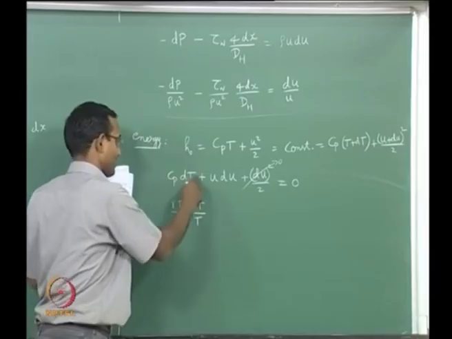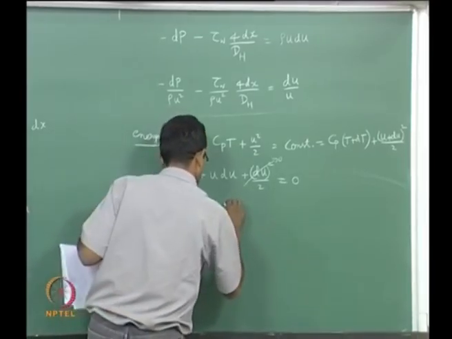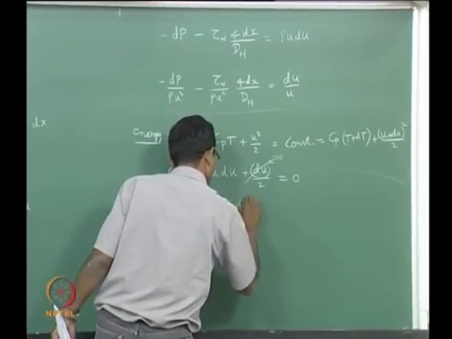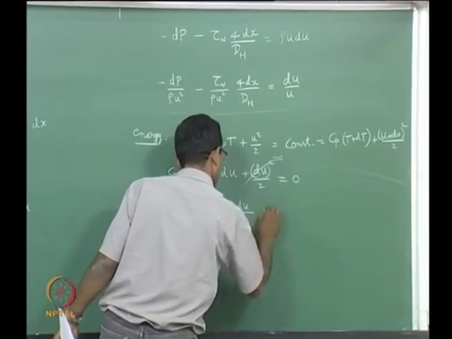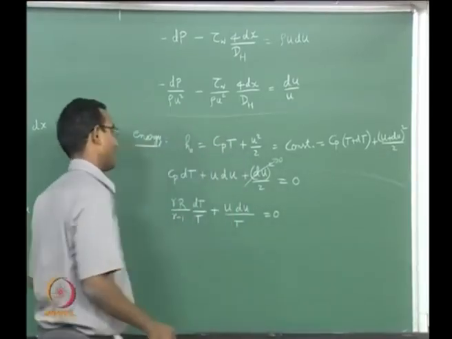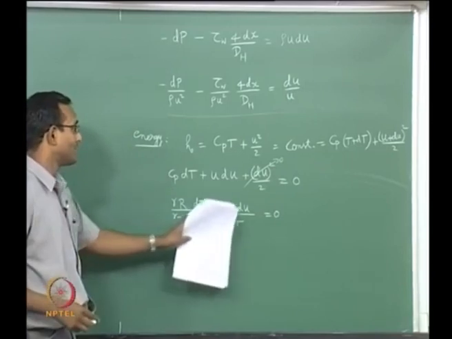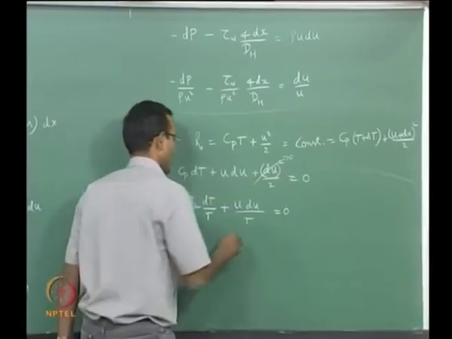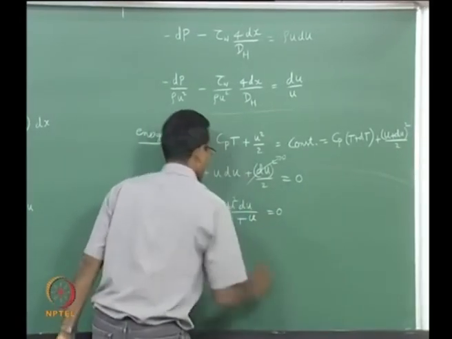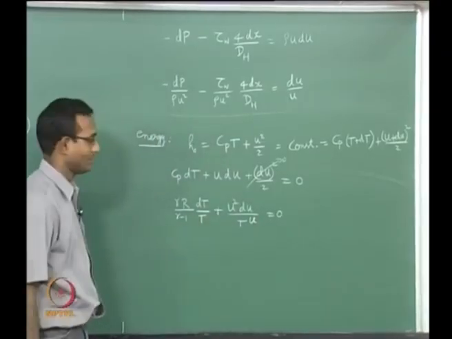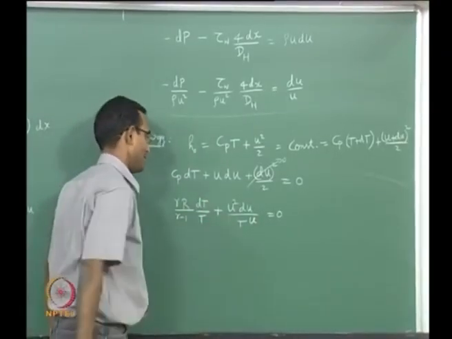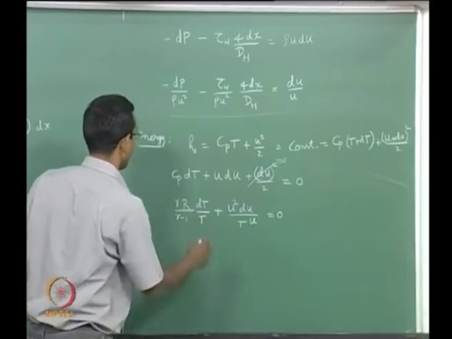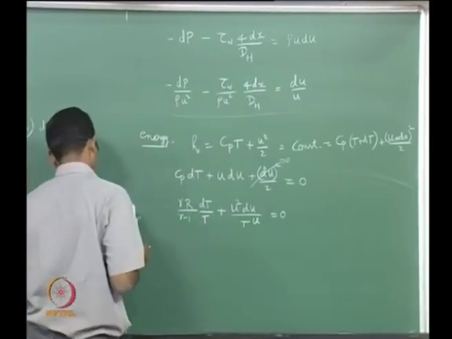I have divided this term by T plus, and I have this particular form, but I want this to be du by u. So what will I do? I will put u square and a u at the bottom, that is same as just u on the top. Okay, I have this particular form. We want to rearrange this further.